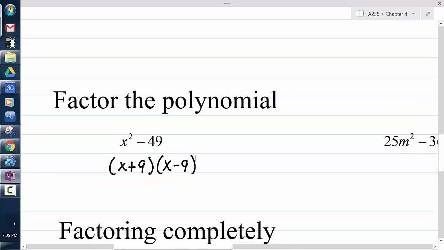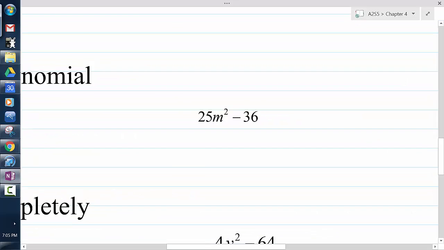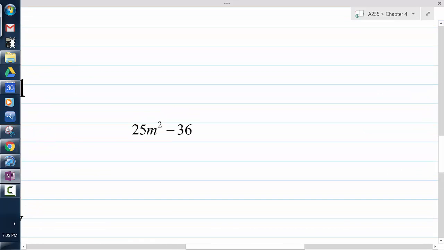And, well, actually, understand that when we get a little bit more tricky with it, notice these are still perfect squares. That's a perfect square. That's a perfect square. There's a minus sign in between, hence difference of perfect squares. We can break this down as well. 25m squared.